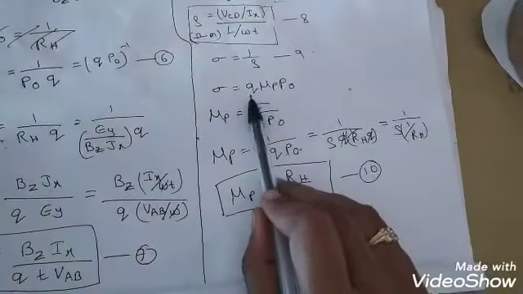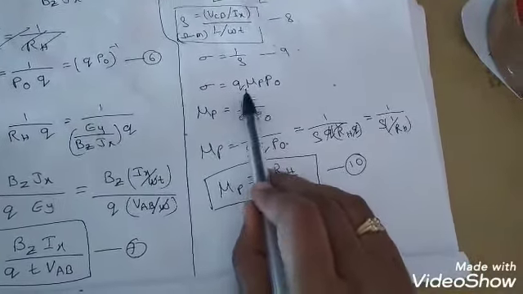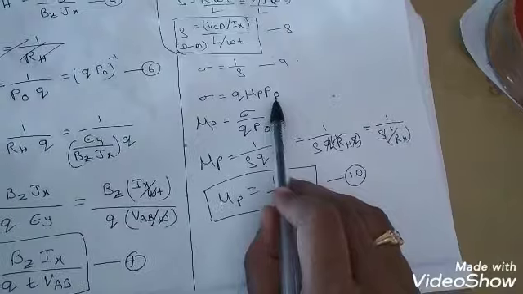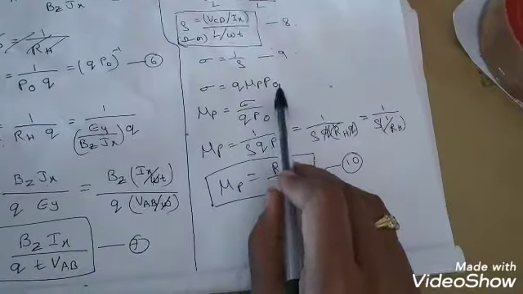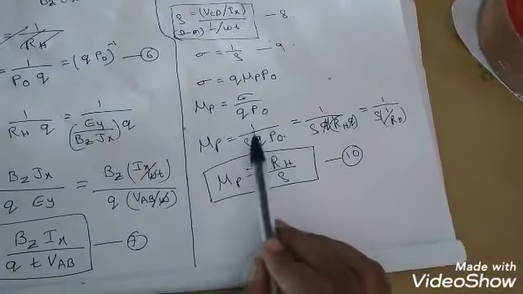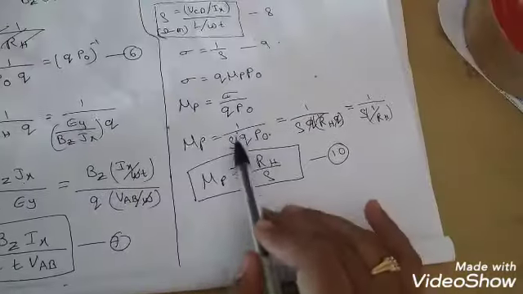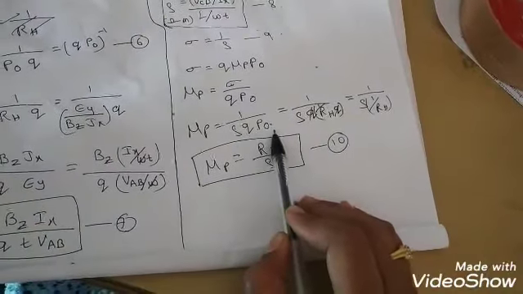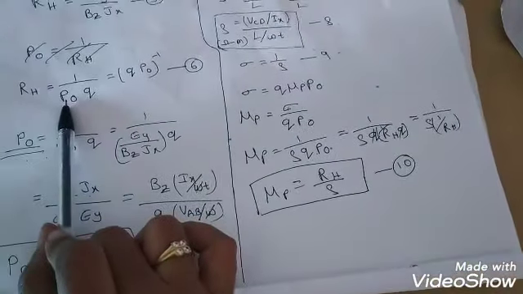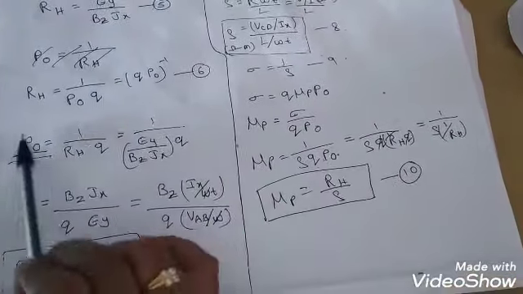There is one more formula for conductivity that we derived in the last class. Conductivity equals charge times the mobility of the hole times the holes present in the semiconductor material; here we are considering the hole. So mu p can be rewritten as sigma by q p naught. So mu p equals sigma, from equation number 9, that is 1 by rho, divided by q into p naught. Here p naught is from equation number 6, where p naught can be written as 1 by R_H into q.